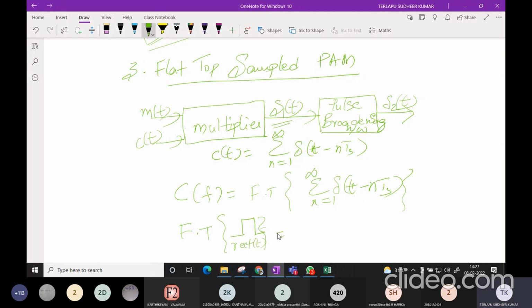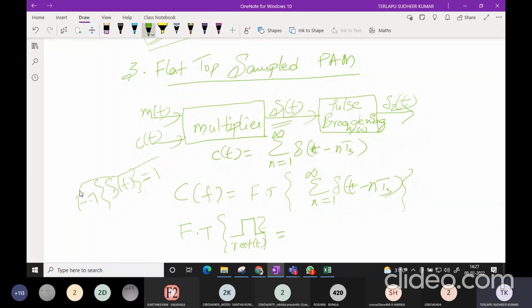What is the Fourier transform? 1. Okay, if that is 1, what is the Fourier transform of delta of t? 1. Both are 1.